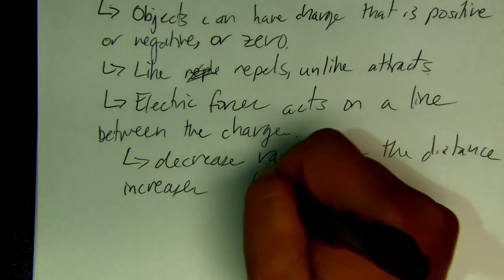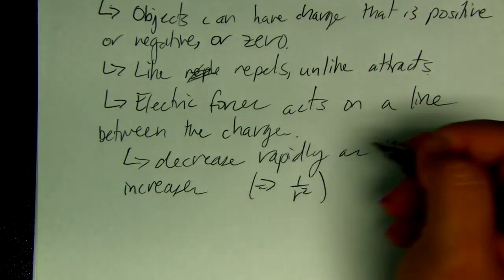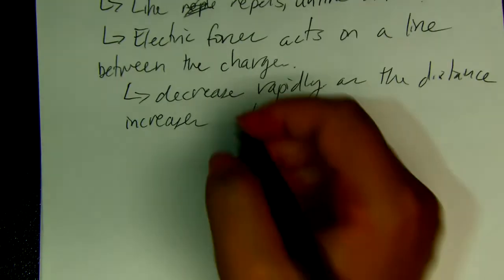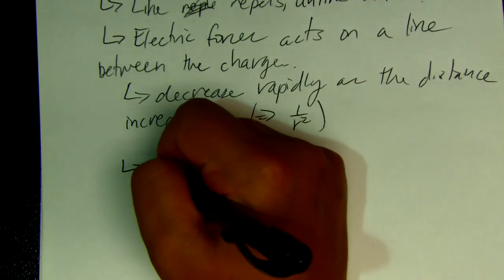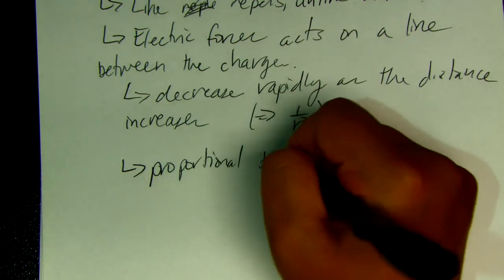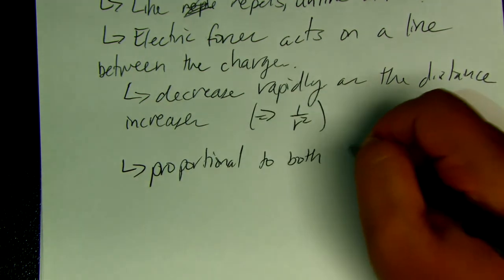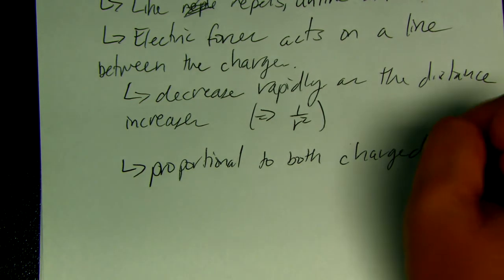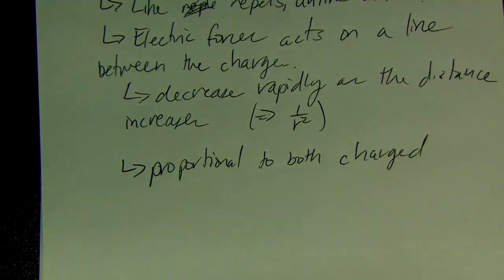Remember the 1 over r squared dependence, and it will be proportional to both charges. You'll see why this is useful when determining how charged matter is.